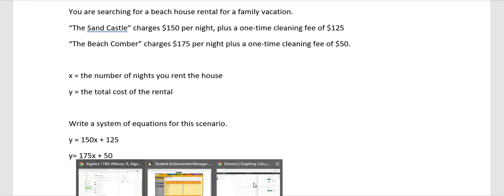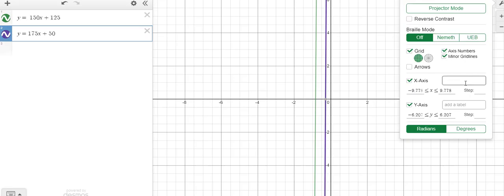So in Desmos, I am just going to type those labels in: number of nights you rent the house, and total cost of the rental. The variables are given to you in the problem, and you'll notice that Desmos will take those labels and put them directly on the graph.